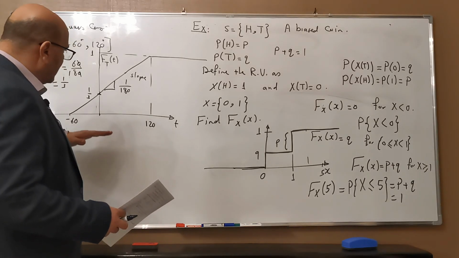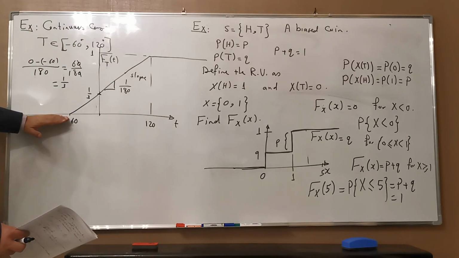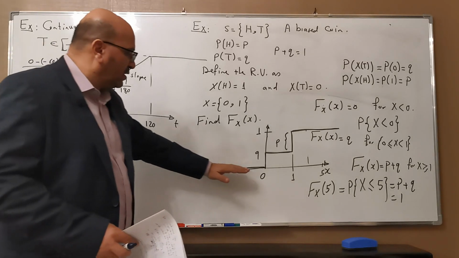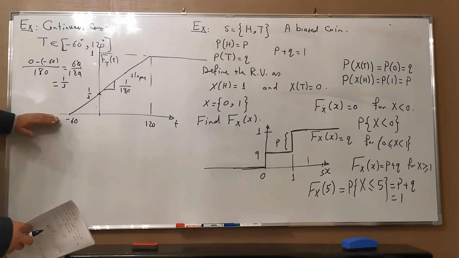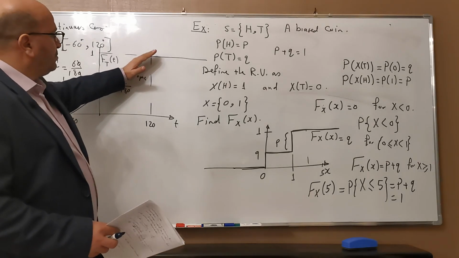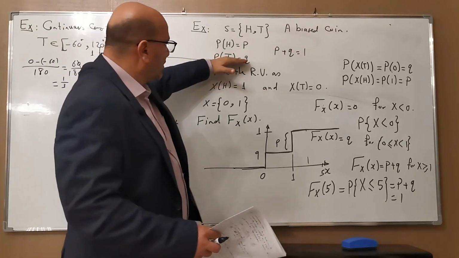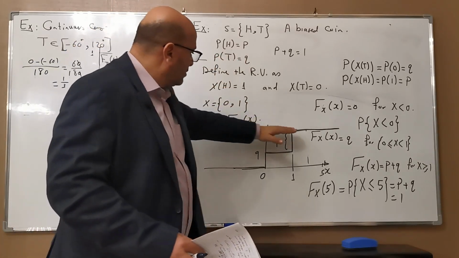Okay. See that the distribution function, whether it is continuous or discrete, starts from 0, goes up, and then at infinity it should reach 1.